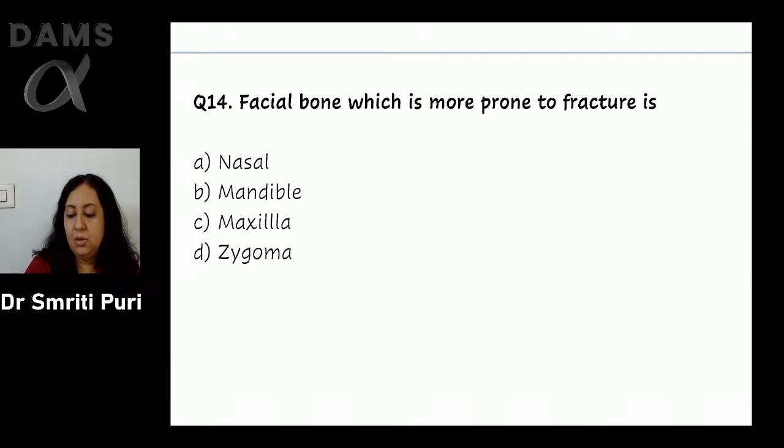So the facial bone which is more prone to fracture or more commonly fractured is nasal.